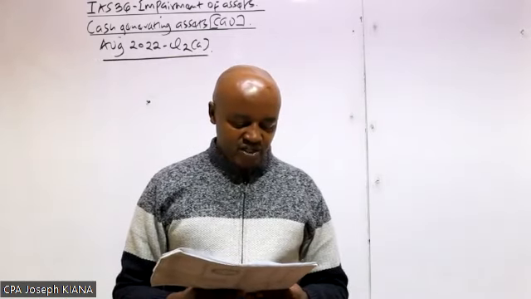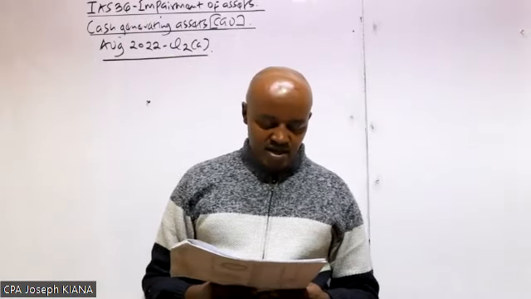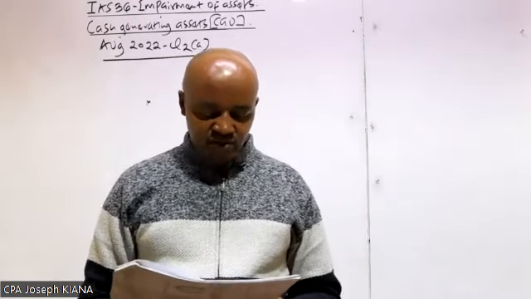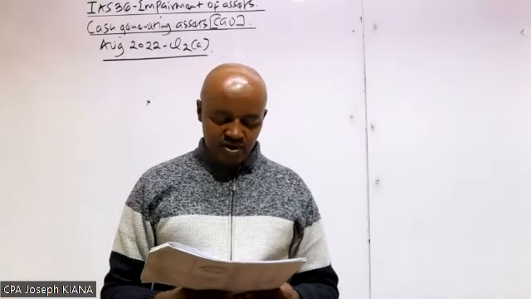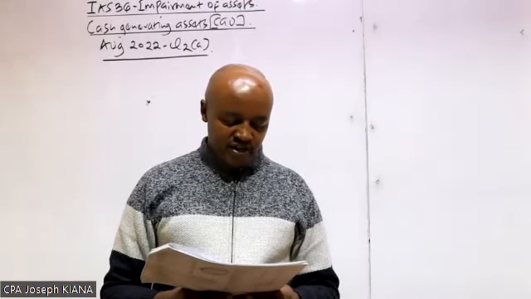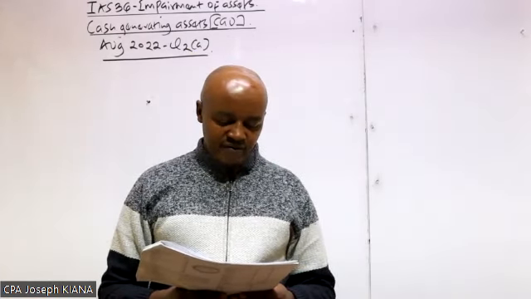And then you're given some additional information. Number one, an impairment review revealed a net selling price of 19.2 million and a value in use of 31.2 million for the factory. Number two, half of the machinery has been destroyed and has no resale value.